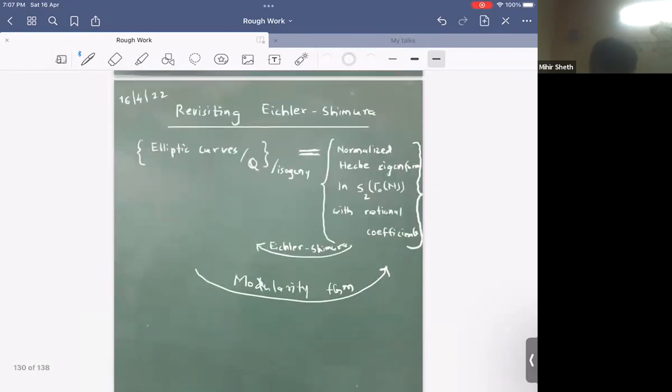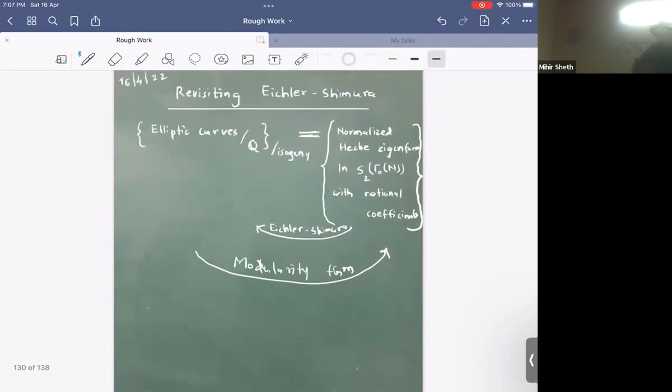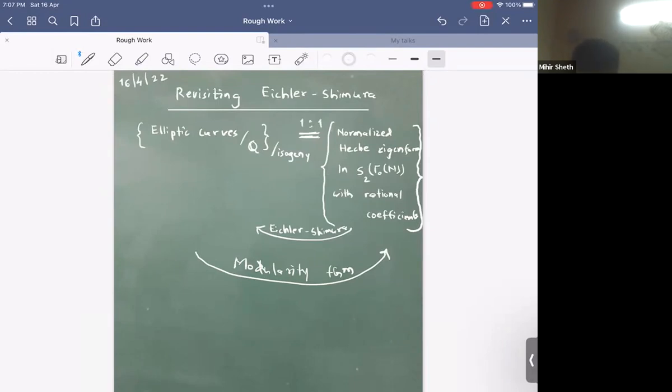And of course, this one-to-one correspondence is not just any bijection, but the main thing that we want is that the L functions should agree on both sides.